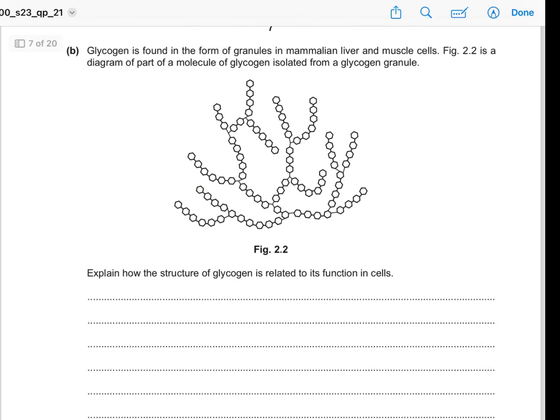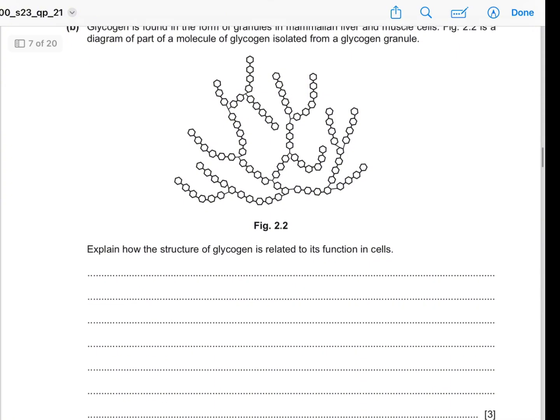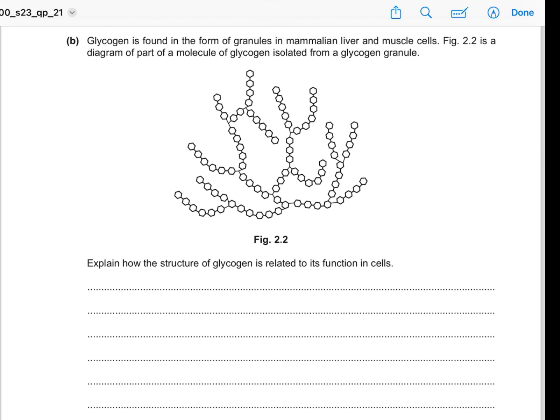B. Glycogen is found in the form of granules in mammalian liver and muscle cells. Figure 2.2 is a diagram of a part of a molecule of glycogen isolated from a glycogen granule. Explain how the structure of glycogen is related to its function in cells. So, as I mentioned earlier, the function of glycogen is to act as an energy storage, and for it to act as a storage molecule, it has to be unreactive and non-soluble in water.